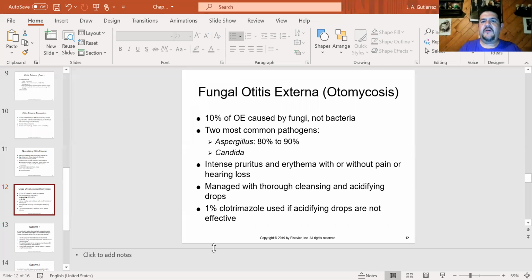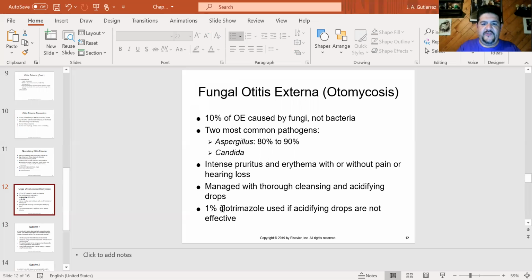Fungal otitis externa, or otomycosis, is very rare, but the most common cause is Candida and Aspergillus. Candida is thrush, like the one we see in the mouth. And same thing, because the ear canal is very moist, that favors the growth of fungus.